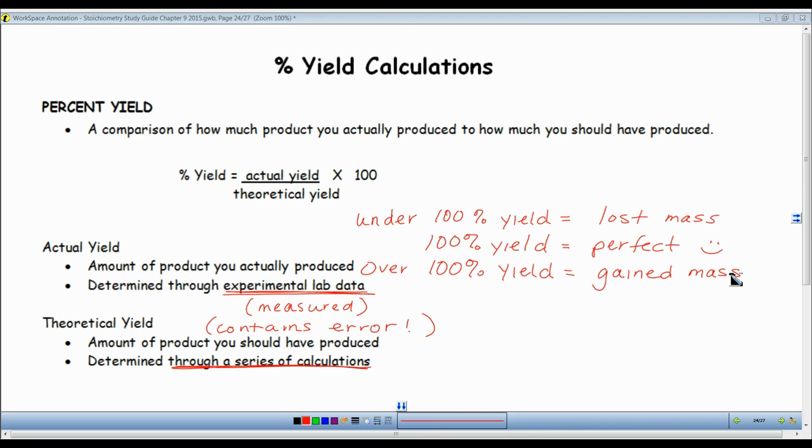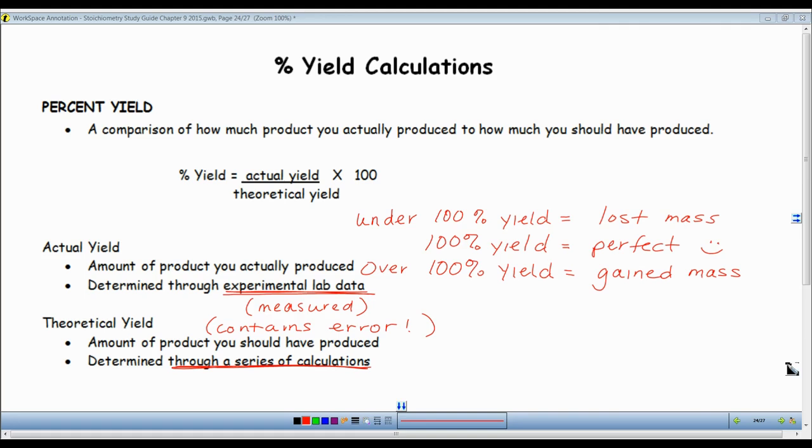If the precipitate's not dry, there's extra moisture or water that's adding mass. So that final mass isn't just your desired product, it's also got water in there. If you used a dirty beaker or stirring rod or something like that, that could add mass so that your final percent yield is over 100. So this has a lot of ties to lab data, looking at the accuracy of our results.